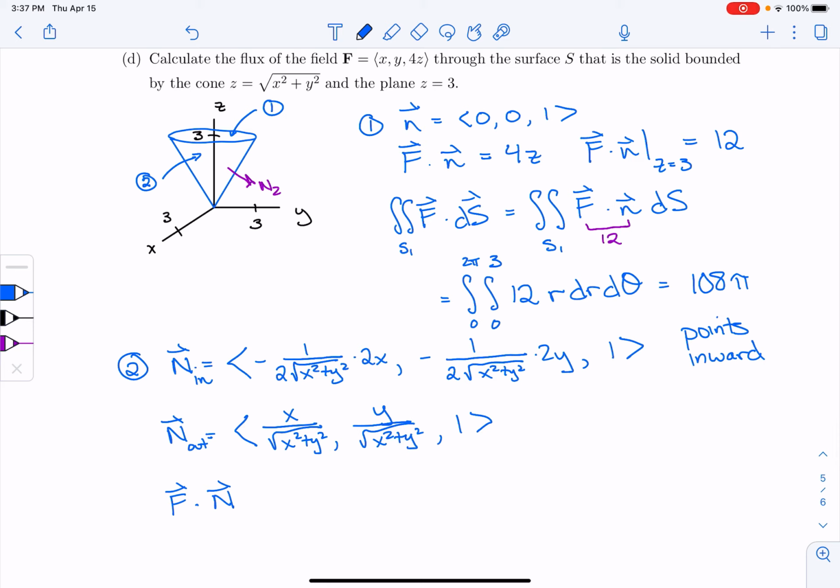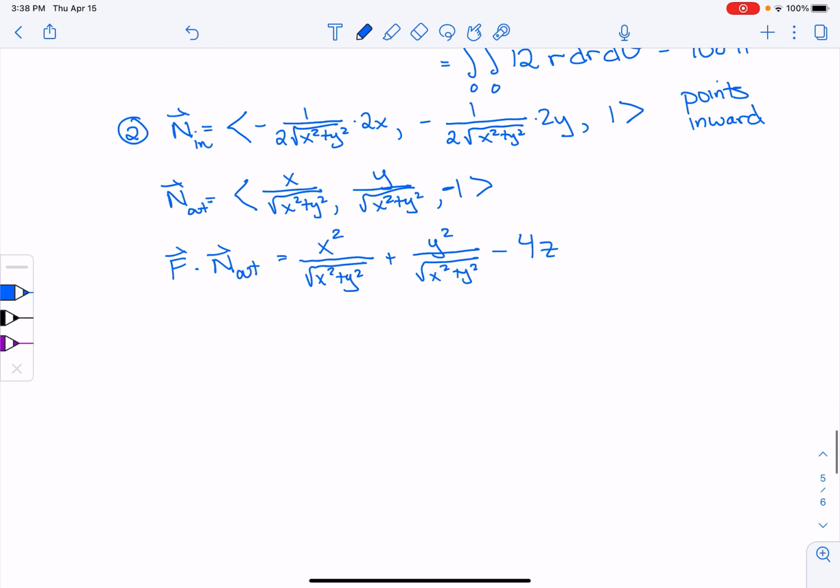So if I dot x, y, 4z with n, I will get x squared over square root of x squared plus y squared plus y squared over square root of x squared plus y squared plus 4z. Actually, minus 4z. I forgot I had multiplied this by -1, so this has to be negative. So minus 4z.